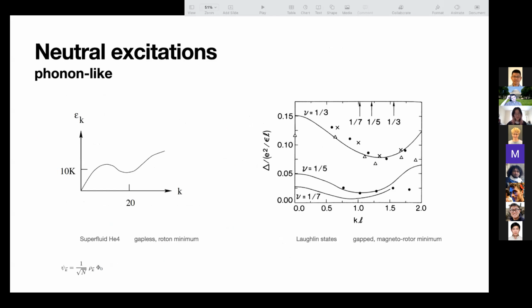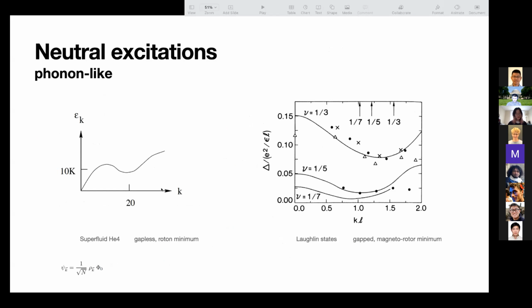So far we've been dealing with charged excitation. I also want to mention in passing that in those systems there are also neutral excitations which are phonon-like. It comes from density fluctuations. It's similar to what happens in superfluid helium-4.